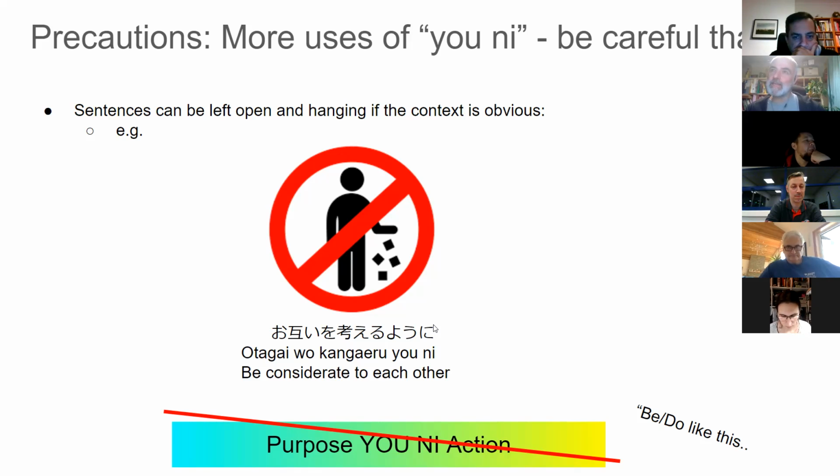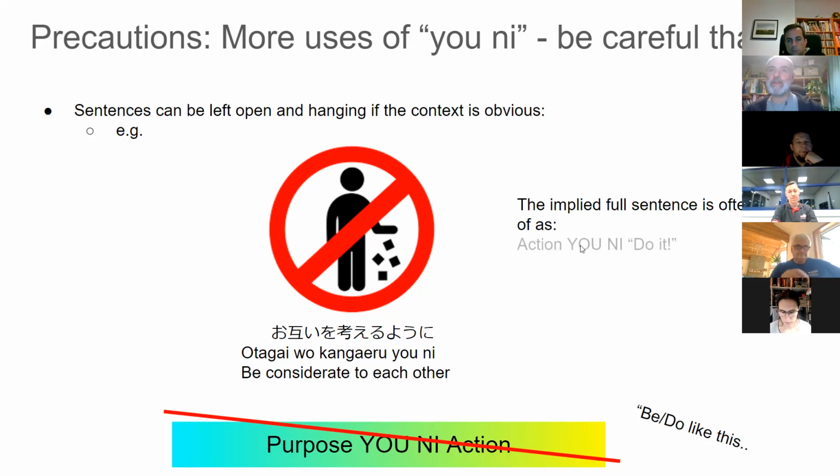What it's actually saying is, this yoni is saying be like somebody who is considerate to others. Take the form of being considerate to others. This is what this yoni kind of means, to mean like. So the implied full sentence is often thought of as action, yoni, do it.